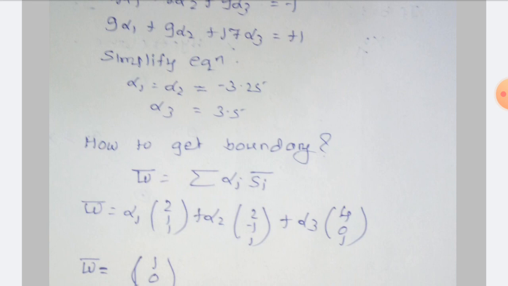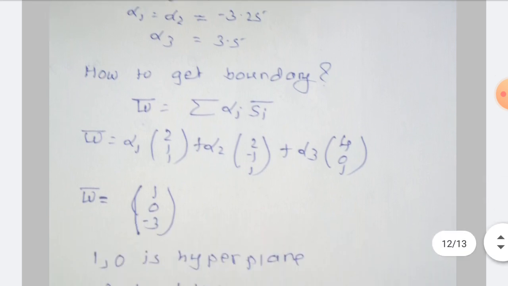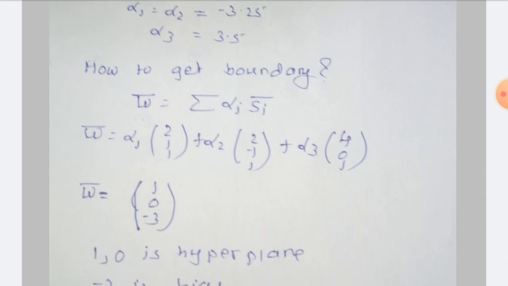Now, let us put the values of S into the W bar equation. So, I am getting W bar is equal to alpha 1 into (2, 1, 1) plus alpha 2 into (2, -1, 1) plus alpha 3 into (4, 0, 1). After solving this equation by putting the values of alpha 1, alpha 2 and alpha 3, I am getting W bar is equal to (1, 0, -3).